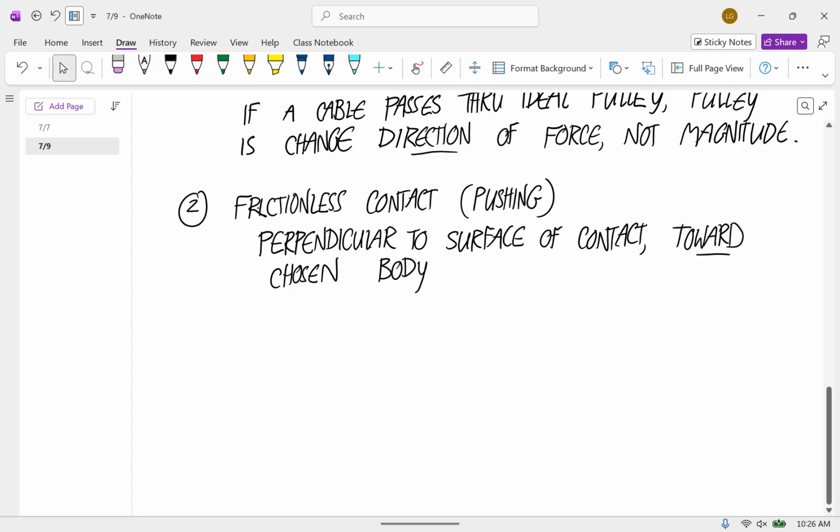A lot of times frictionless contact will be indicated by wheels. That's just used as kind of a shorthand to tell you that there's no friction in the problem.